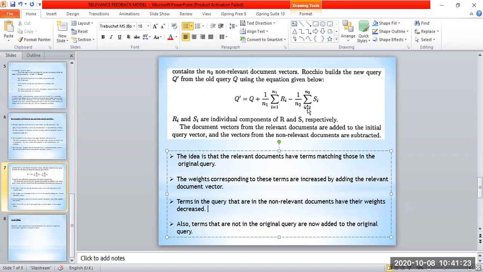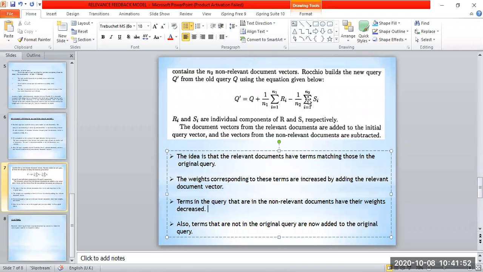That means we are decreasing the importance of those words, and we are increasing the importance of the words which are there in the relevant documents. So we are increasing at one point and we are decreasing at another point. We are increasing the weight of the relevant terms and we are decreasing the weight of the irrelevant terms, or the terms which appear in the non-relevant documents. So that is the thing we are doing.